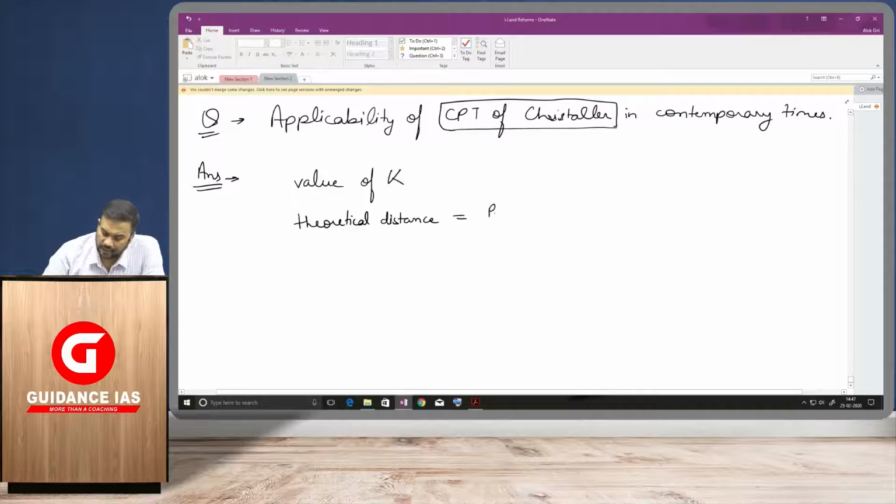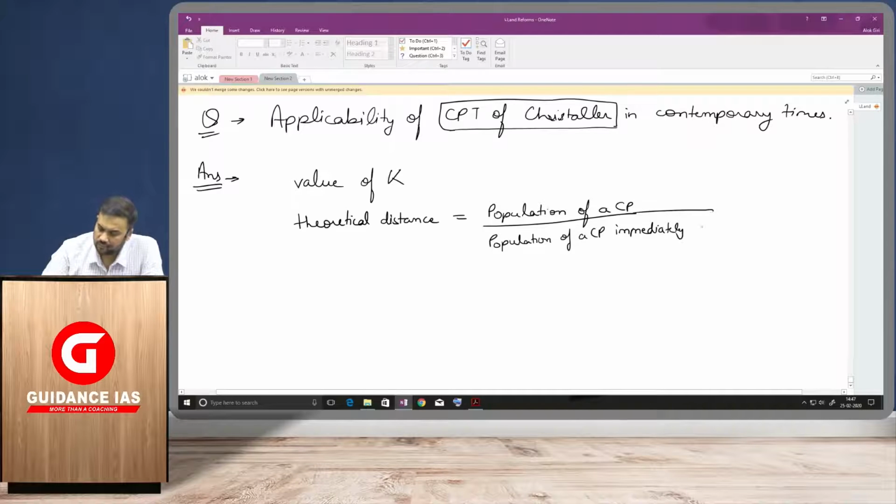It is the ratio of the population of a central place to the population of a central place immediately below in hierarchy.